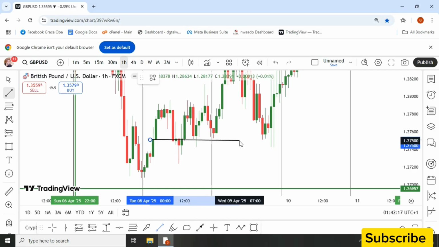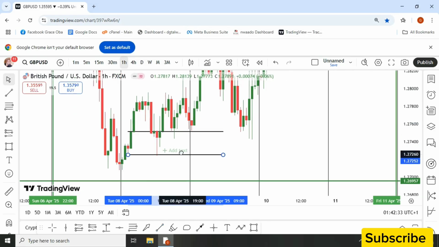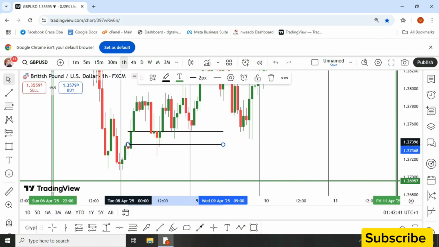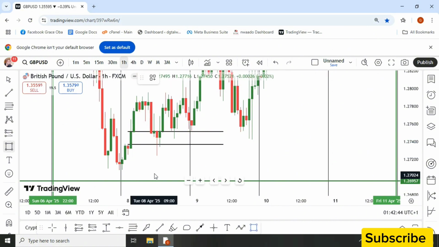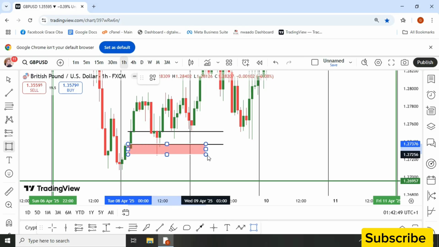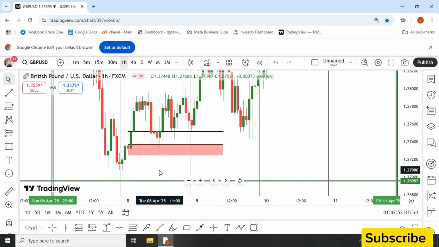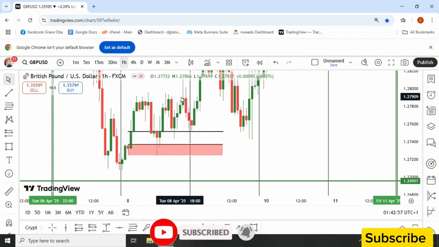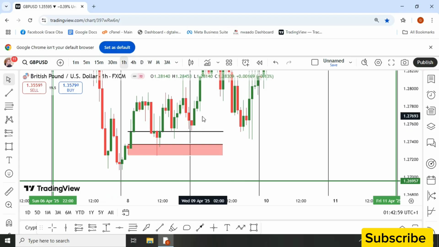That's the gap, right? And the block is the whole body of this red down candle. So having identified this structure, the bullish movement on a 1 hour time frame, we've also marked our fair value gaps and another block.